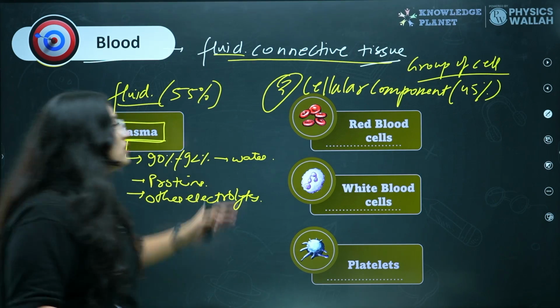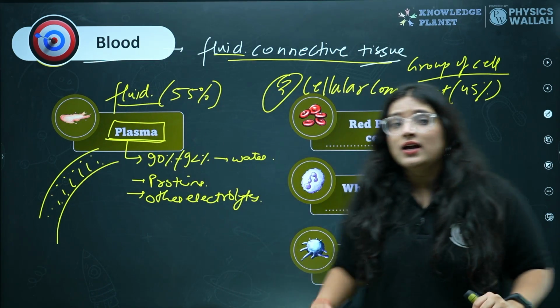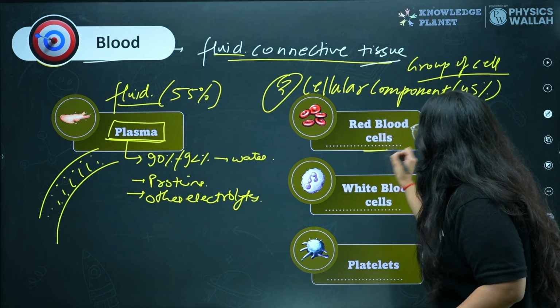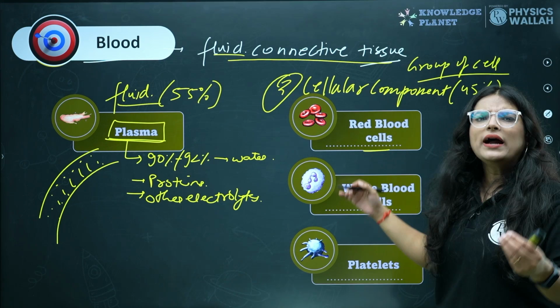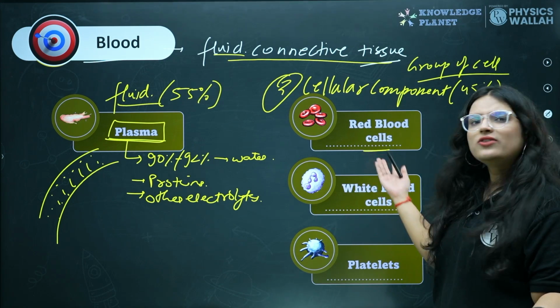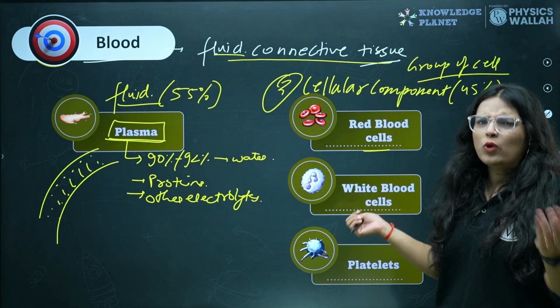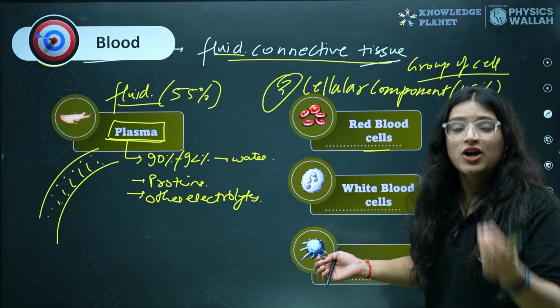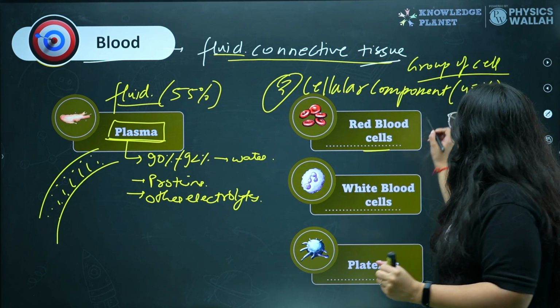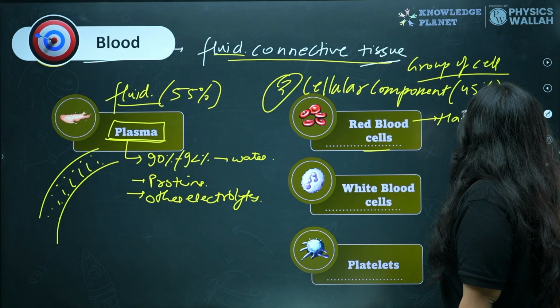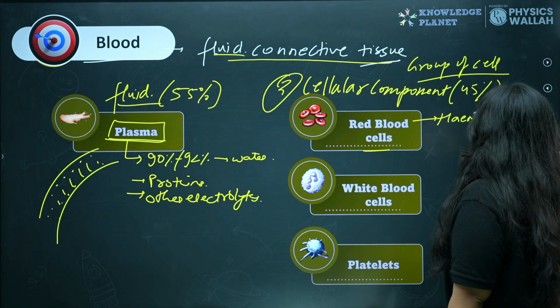Then let's come to the cellular component. The cellular components are red blood cells, RBCs. Now why is the blood red? Because of these red blood cells, of course. But what do these red blood cells have? So these red blood cells have a special pigment, and that special pigment is hemoglobin.